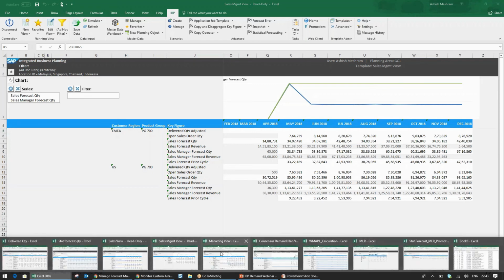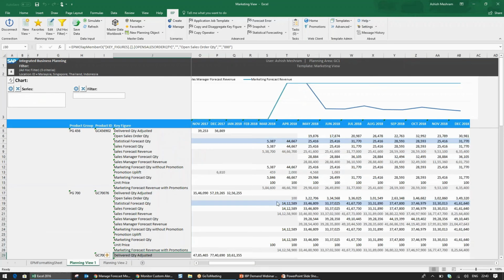So next is your marketing view. From the previous step, from your sales management step, now the marketing lead for a particular product group has received some information from the sales manager to help him bridge the revenue gap by doing some demand shaping action.